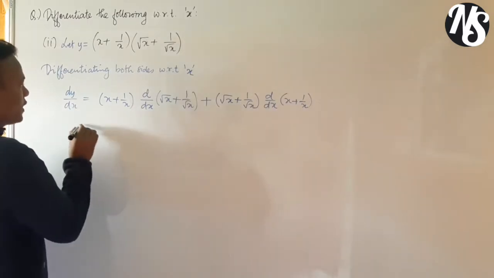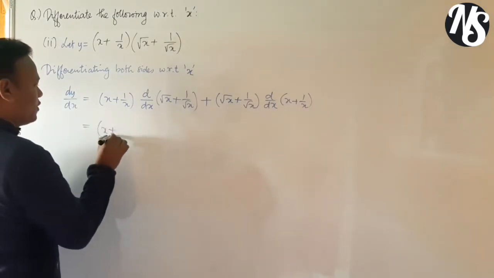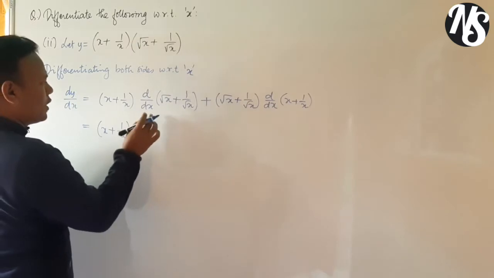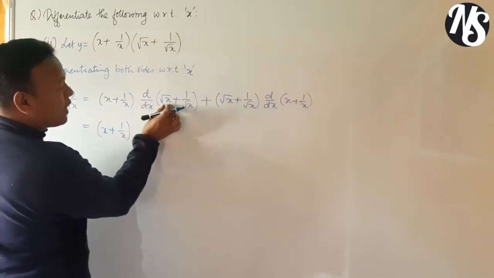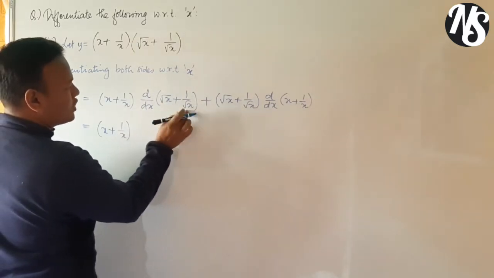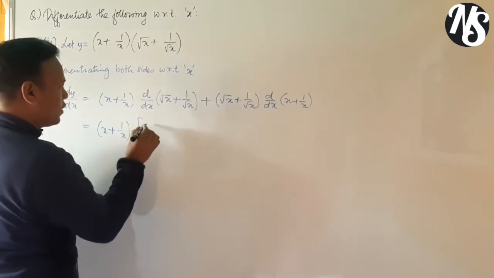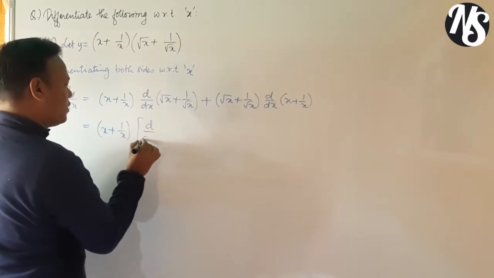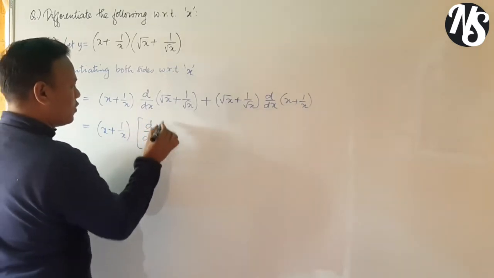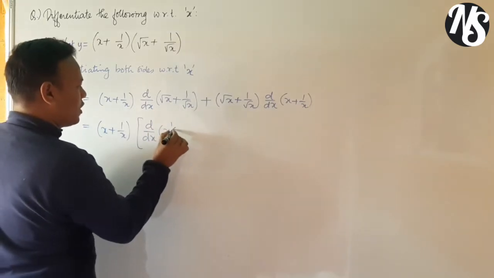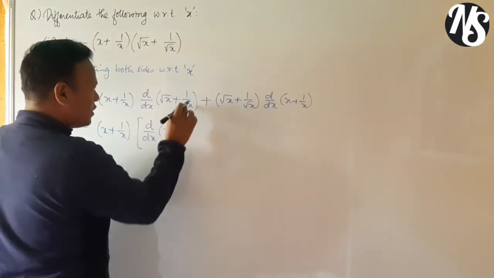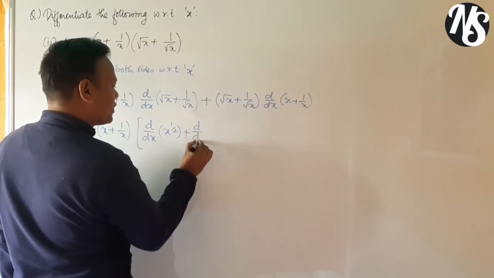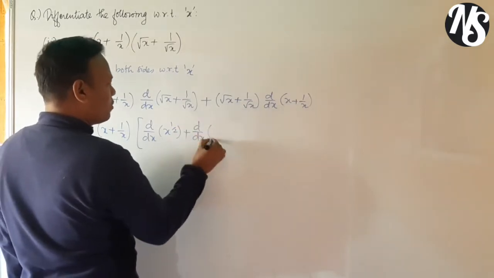So this is the rule. Okay, now as you know, let me keep it as it is for now. Now you know that this is like my fx now. So this is my fx plus gx. Now again you can do one thing. So you can write this as d by dx of root x, that is x to the power half, plus d by dx of 1 by root x. So what is 1 by root x actually?